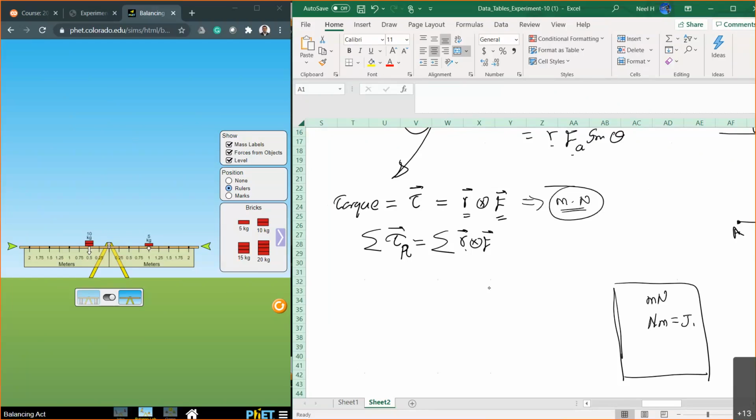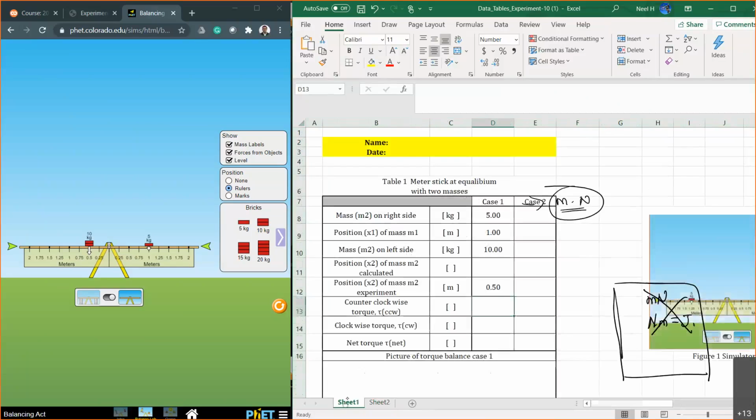It is meter Newton: how far away the force is applied from the fixed point that can generate possible rotation of the object. So that is meter Newton, not Newton meter. Do not write that for any reason. So the unit for the torque is going to be meter Newton, and also not millinewton at all.